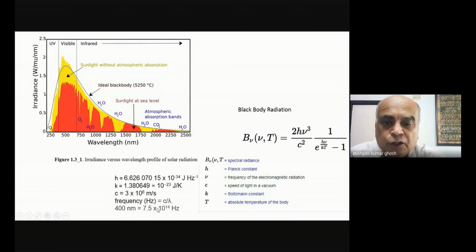So for different wavelengths, I can convert to frequency, then get the intensities, and plot that intensity, B_ν, as a function of wavelength for a given temperature. The temperature I have taken is the temperature at which the sun is emitting the radiation, about 5000 degrees centigrade.